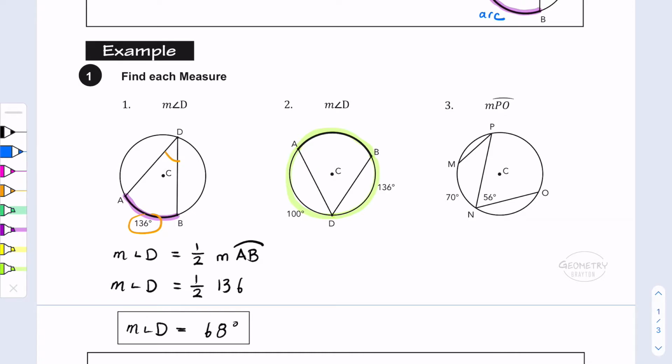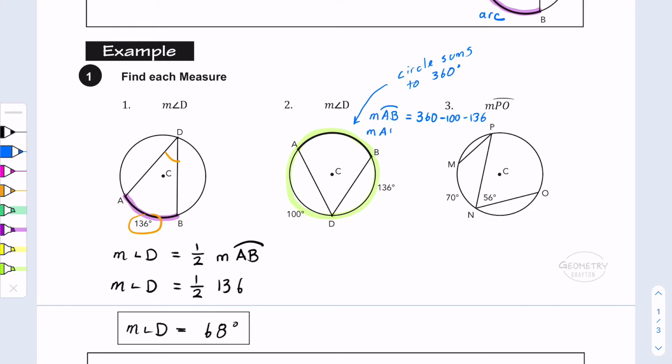I'm going to first start by finding my intercepted arc, and then I can find the measure of angle D. So the measure of arc AB is found by 360 for the total measure minus 100 minus 136. And that tells me that the measure of arc AB is equal to 124 degrees. That's this arc here, 124.